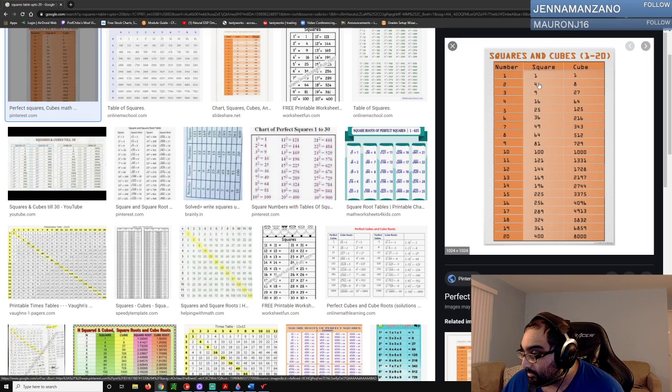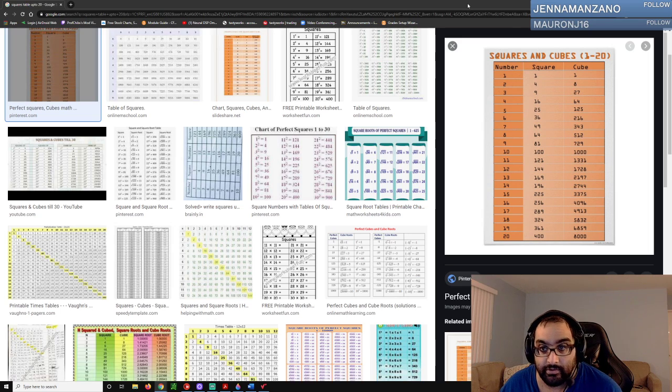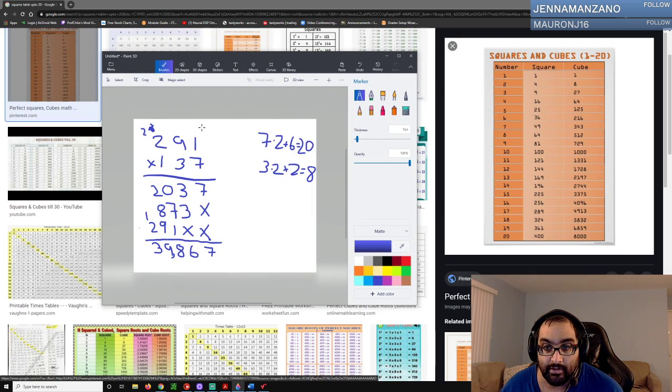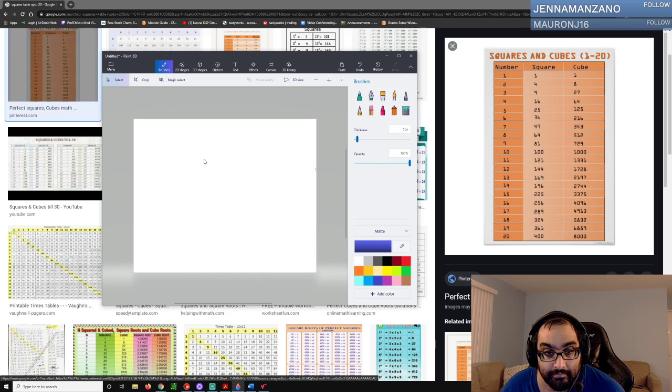Let me try one on you here, and then use this table. Let's use this table that you see here, and I want you to tell me what that answer is going to be. I'll bring up the little paint tool so it's a bit easier to see. You can use the table on the screen, so that should make it easy.